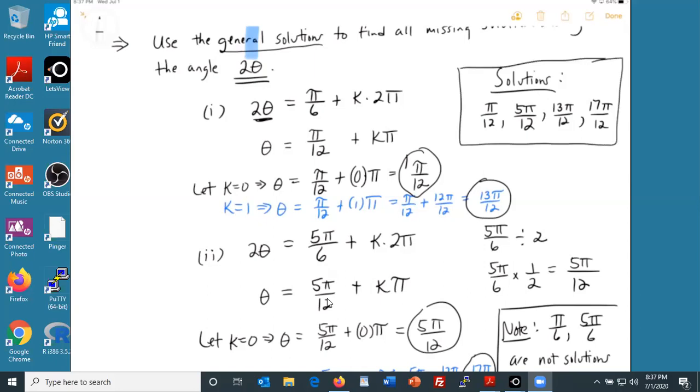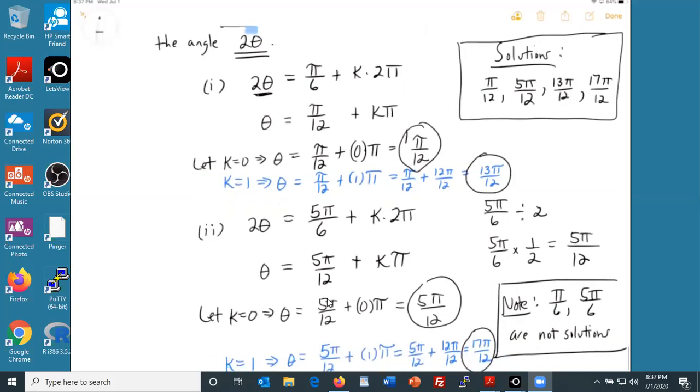So those are the solutions on 0 to 2 pi. All right, let's do one more, but I'll give you a minute there to finish writing and catch up.